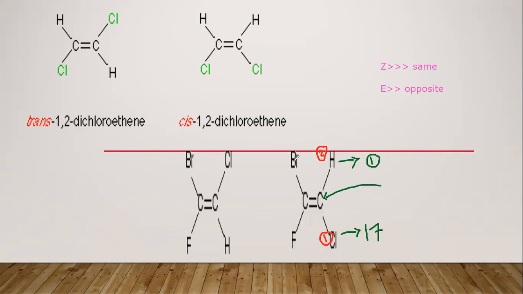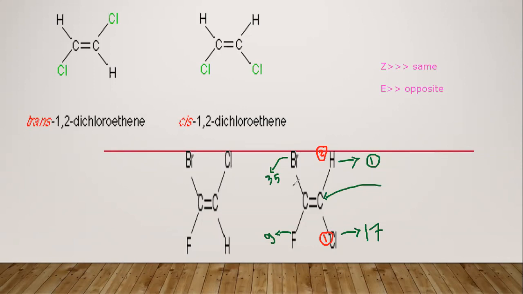What about F and bromine? What is the atomic number of each one? By the way, you can find the atomic number in the periodic table. Bromine is 35. Fluorine is 9. So which one has a higher priority? Higher priority means higher atomic number.